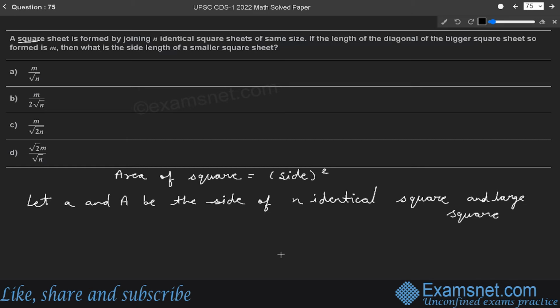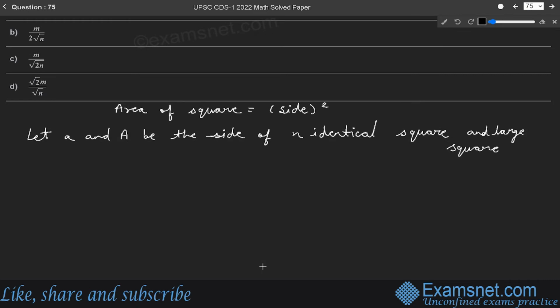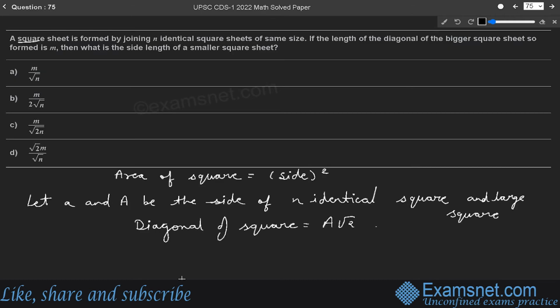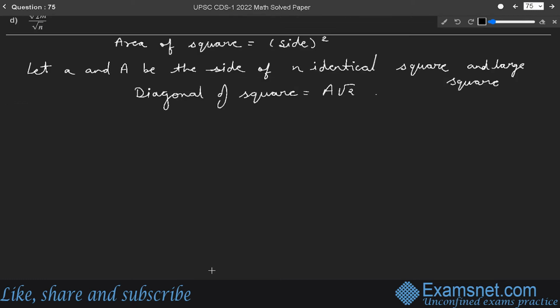Therefore, now the diagonal of the square will be equal to a into root 2. And we know that it is given in the question that the diagonal of the bigger square sheet so formed is m. Therefore, m is equals to a root 2. So, a will be equals to m upon root 2.